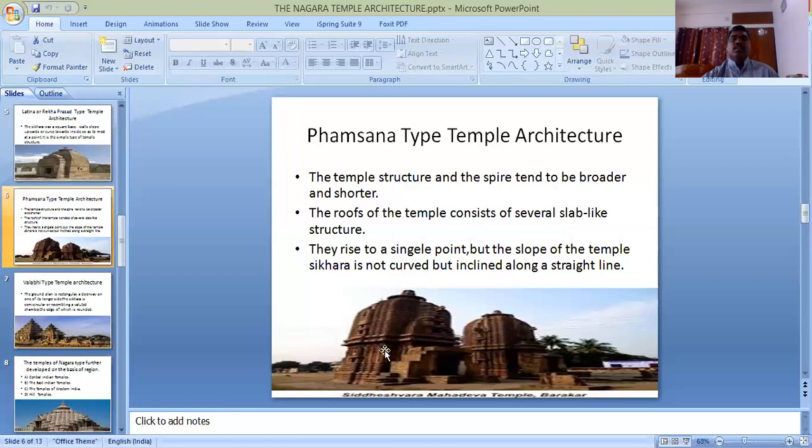That is Vamsana temple architecture, especially several slab-like architecture.